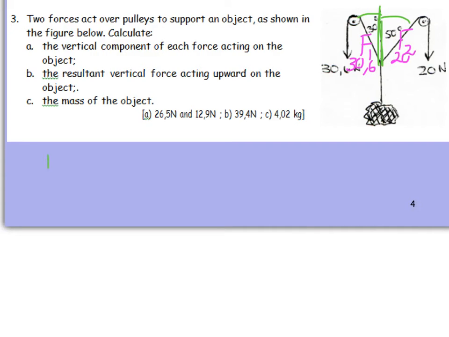So for F1, the vertical component is going to be equal to, I'm going to say cos of 30 degrees is equal to my vertical component of F1 over 30,6, and my vertical component of F1 is going to turn out to be 26,5 newtons.